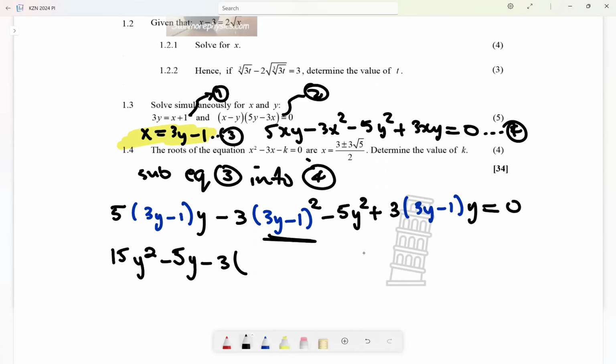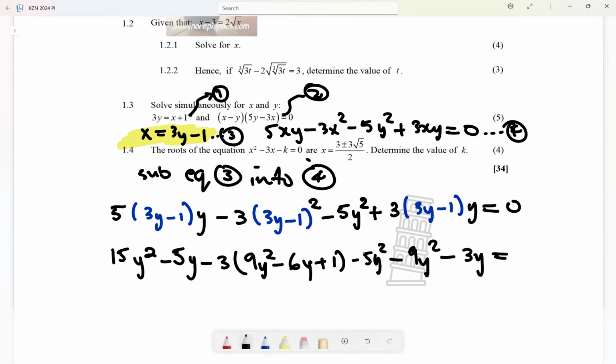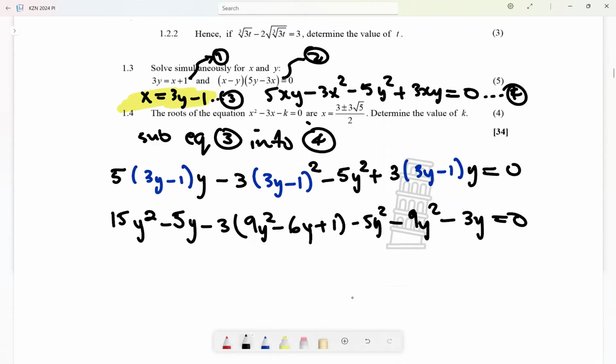The bracket and the bracket, remember it is twice. So this is going to be 9y squared minus 6y plus 1, minus 5y squared plus, then this time it's going to be negative 9y squared minus, is equal to 0.